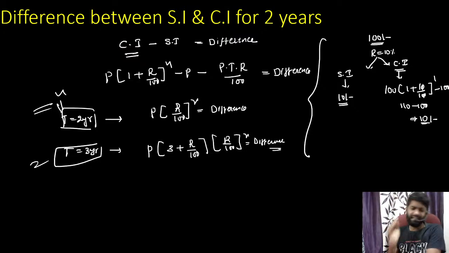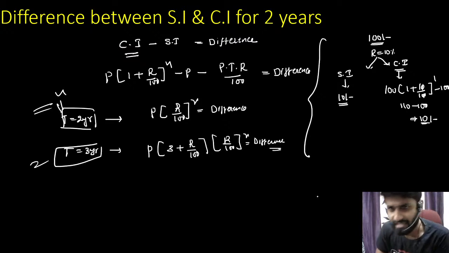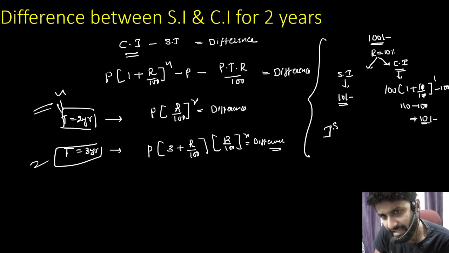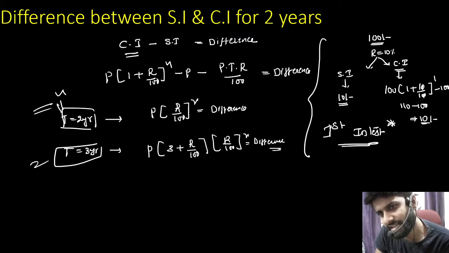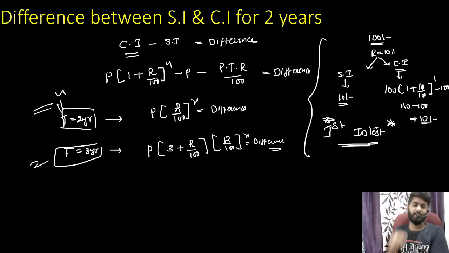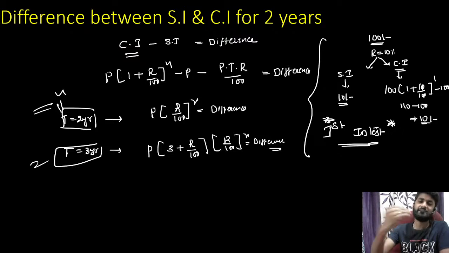Now, what is the observation? If you deposit any amount with the same rate of interest in simple interest or compound interest, the first year interest is always constant. The most important point: the first year interest is always the same. From the second year onwards, the value changes. Simple interest is calculated on the principal throughout the duration.